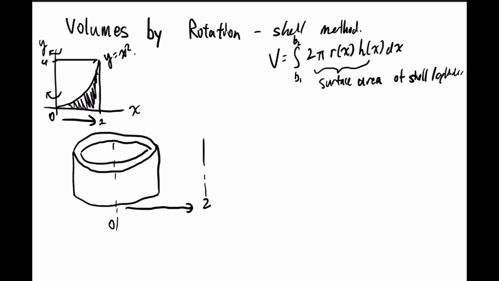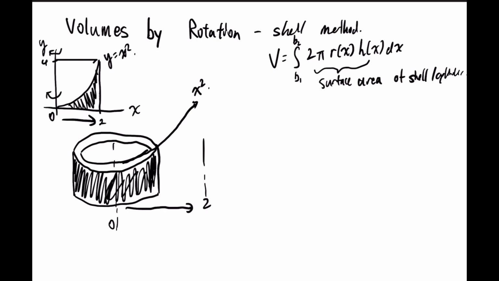As we're doing so, our shells are gradually getting larger and larger, according to the function x squared. So what we want to do is find the surface area of this resulting shell or cylinder.